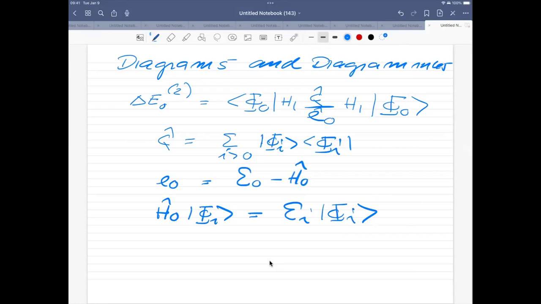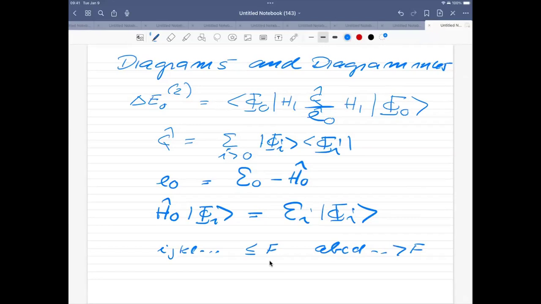So let's now, instead of using that notation where we had states I, J, K, L, etc., which are states below the Fermi level, and then A, B, C, D, which are states above the Fermi level, try to link this diagrammatic representation and the diagram rules in both the true vacuum representation and in the representation of the particle hole modified vacuum state.